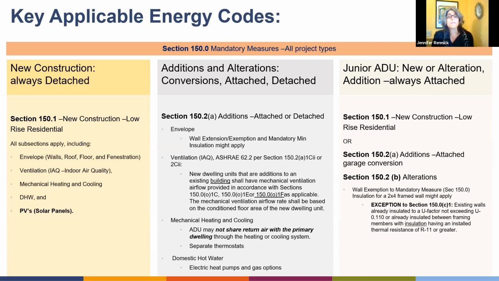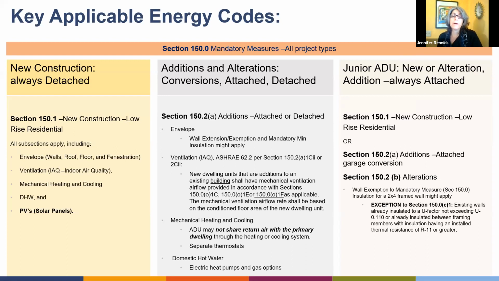Now, if the ADU takes the form of adding on to an existing house or existing structure, or altering a portion of the existing structure, then it's going to fall under the part of the energy code that deals specifically with additions and alterations.